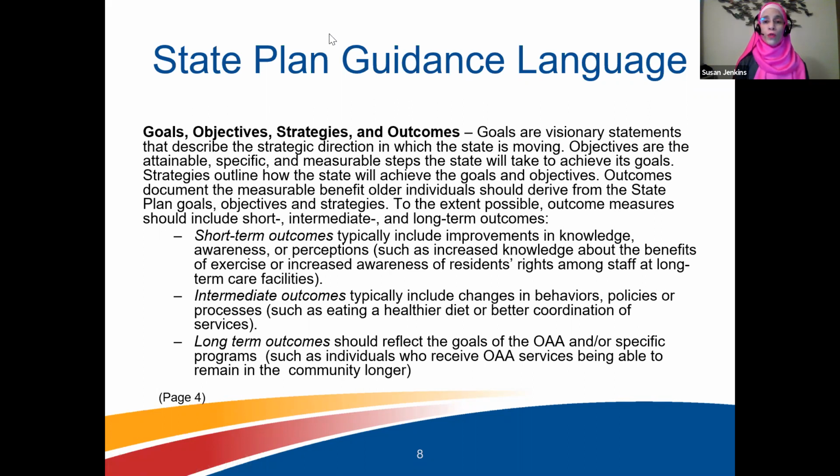They would have better control maybe over dietary-based illnesses such as diabetes or high blood pressure. They may be better controlling those things because of the knowledge and the behavior changes that they had based on the nutrition education program. So that's just one example, but all of the services can have that kind of a short-term leading to intermediate term, leading to long-term outcome.